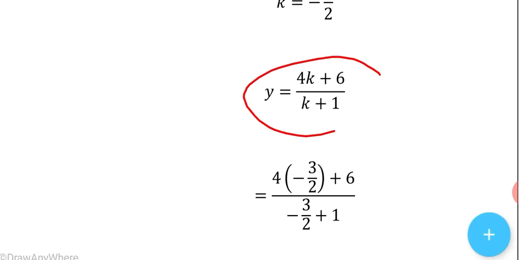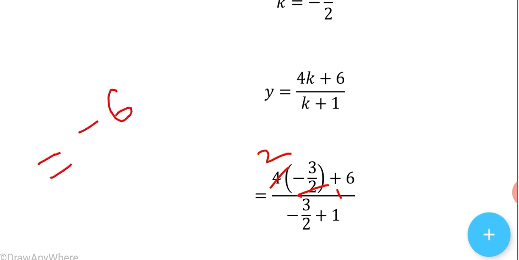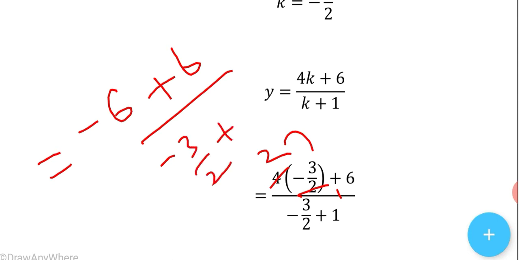So this equation becomes 4 into the value of k, which is -3/2, plus 6, divided by -3/2 plus 1. Now 2 into -3 is equal to -6, plus 6, divided by -3/2 plus 1.